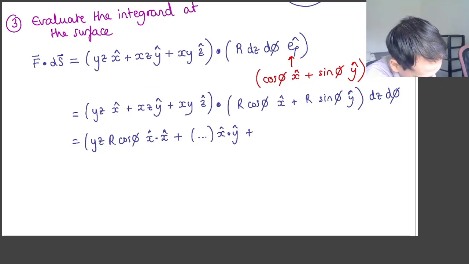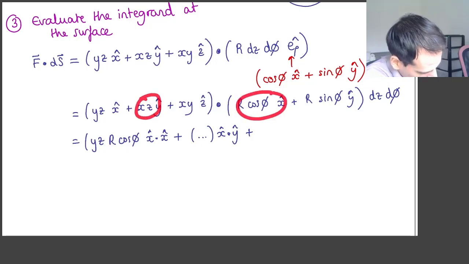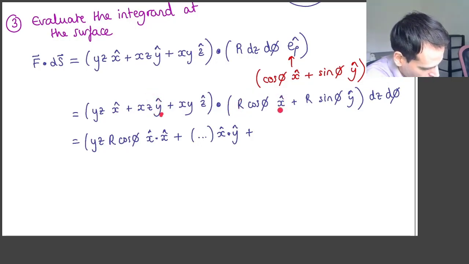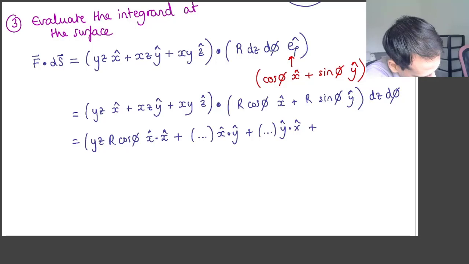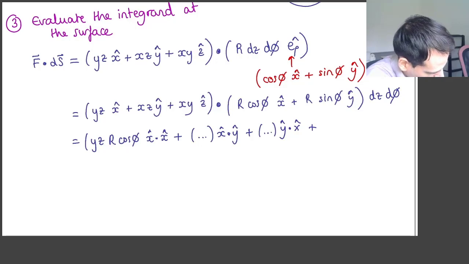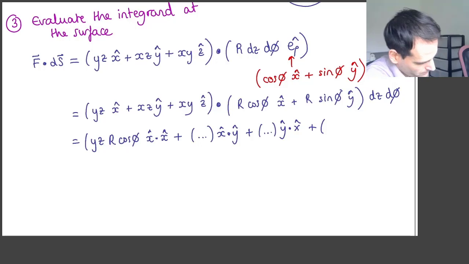Plus, now we have to go to the next term. So we get this times this. That will be something with y hat dot x hat, which will be 0. Then the next term will be this times this, so it will be x times z times r sine φ y hat dot y hat.